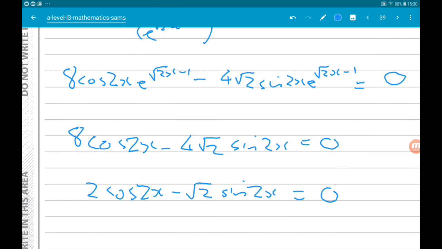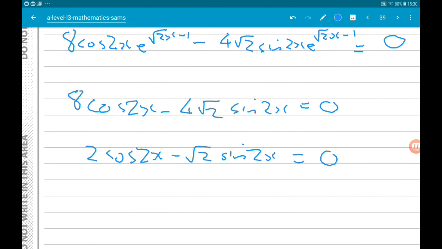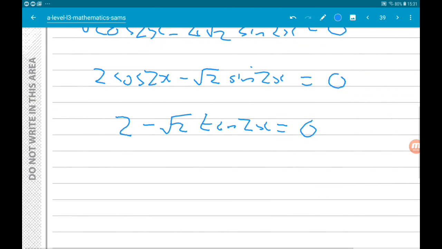Okay, now remember that we want to get a tan of 2x involved, so if we now divide through by cos of 2x, we get 2 minus root 2 tan of 2x is equal to 0. And then we can add root 2 tan 2x to both sides.